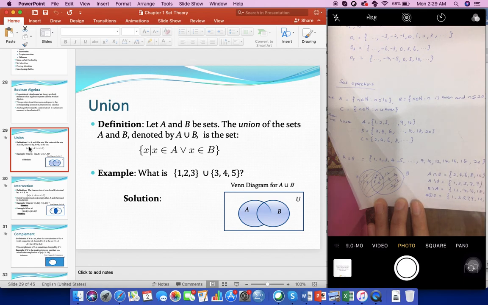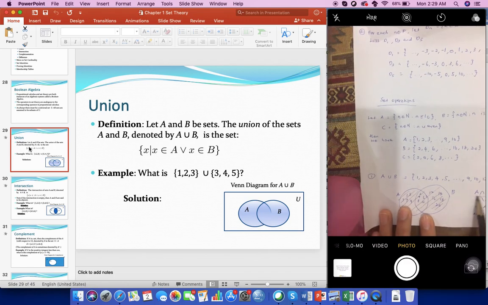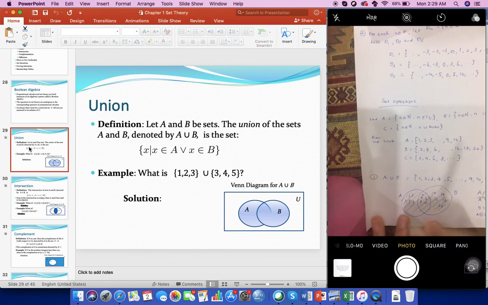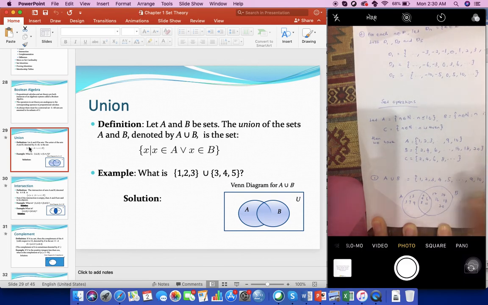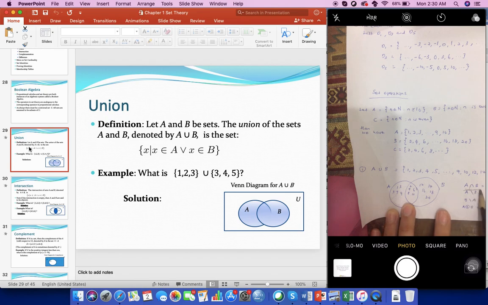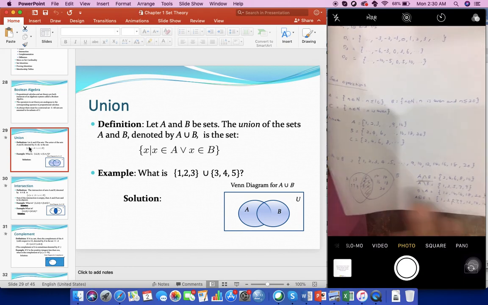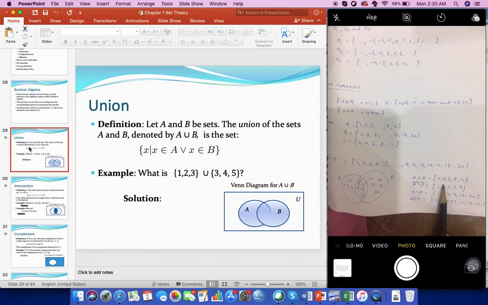How about A intersect with B? If A intersect with B, it is here. So the list of numbers of A intersect B is 2, 4, 6, 8 and 10.